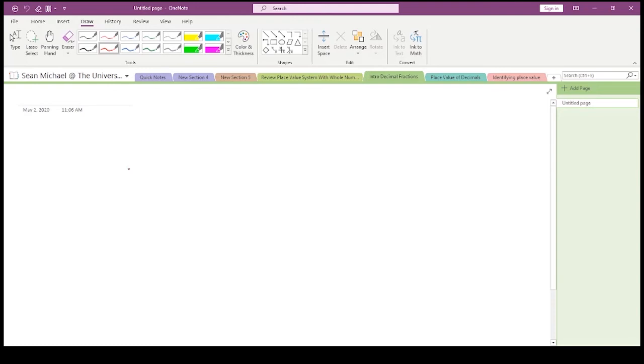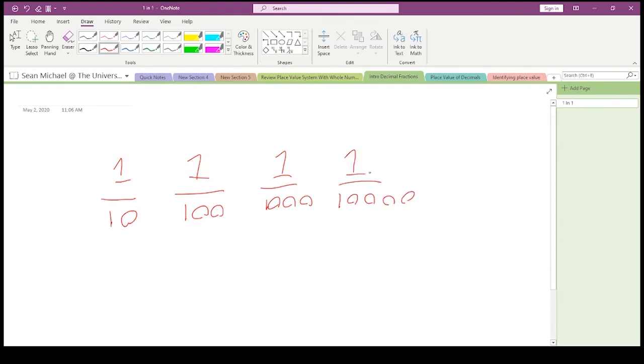the place value system, and now we're just going to talk about the intro to decimal fractions. Now, decimal fractions, as you'd guess, we love the number 10, as you've been seeing over the past few days. Decimal fractions are all those fractions that can be easily converted into decimals. So 1 over 10 is a decimal fraction, and 1 over 100 is a decimal fraction, and 1 over 1000 is a decimal fraction, and so on and so forth.